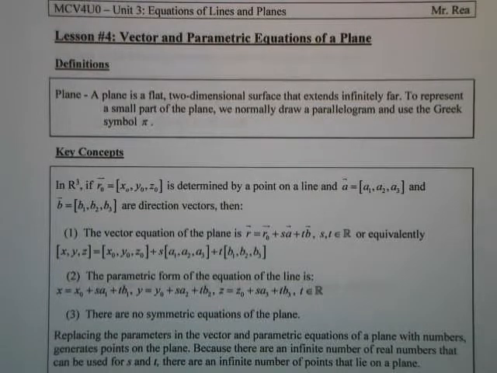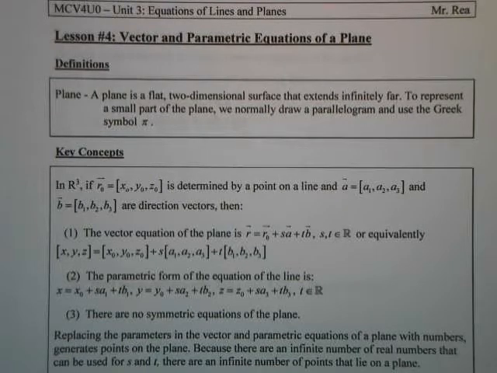We're working in the unit regarding equations of lines and planes. The last three lessons we've looked at equations of lines. First in R2, we looked at the vector, parametric and symmetric equations, and then we looked at basically the same thing in R3.